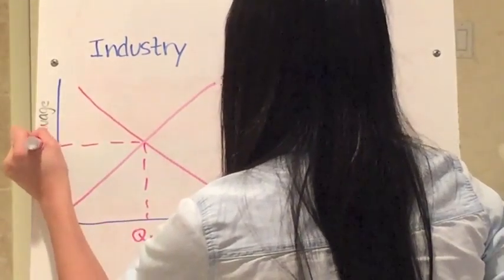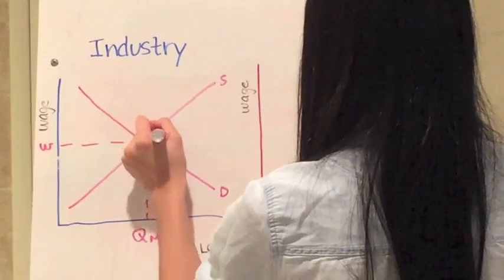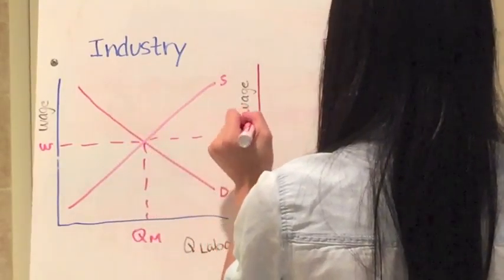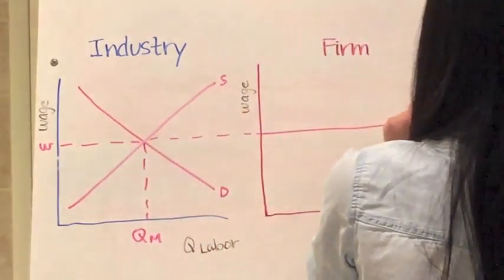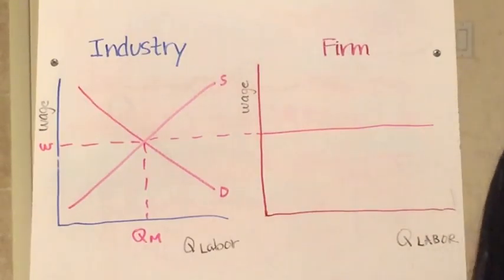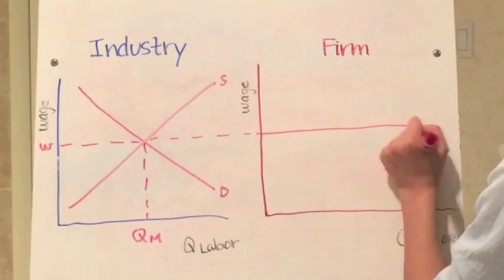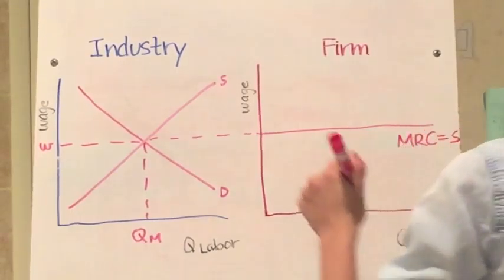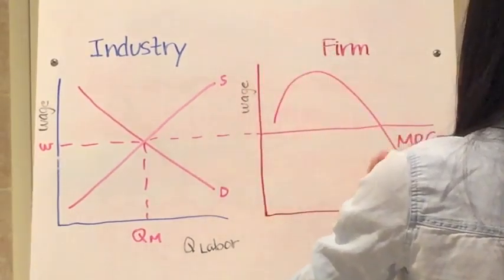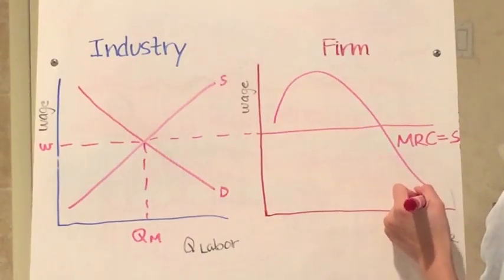Now we dot across from the industry's equilibrium point to make a horizontal supply curve for the graph on the right, which describes the activity of the individual firm. Because firms in perfect competition are price takers, they are forced to find labor based on the wage set by the entire market.